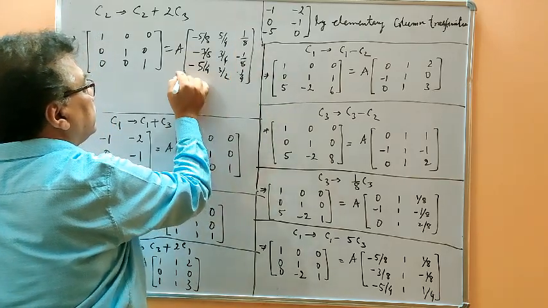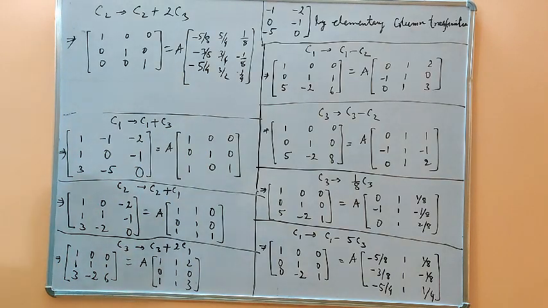Okay, so that is the inverse of the matrix. Minus 5 by 8, minus 3 by 8.